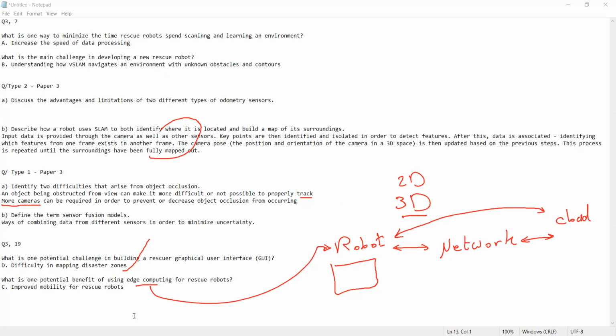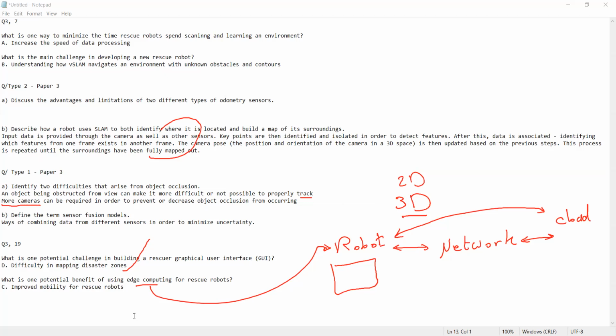So your answer is, let me see actually what our choices are here. Okay, the potential benefit actually is not improved mobility for rescue robots, but better communication between robots and humans.